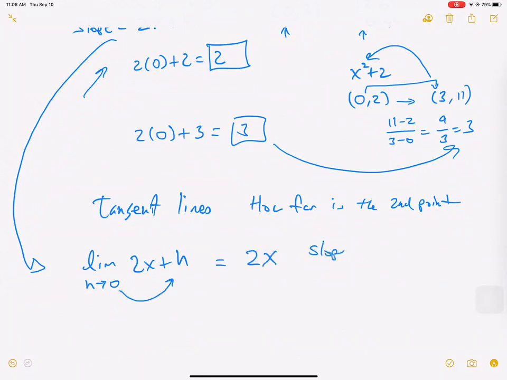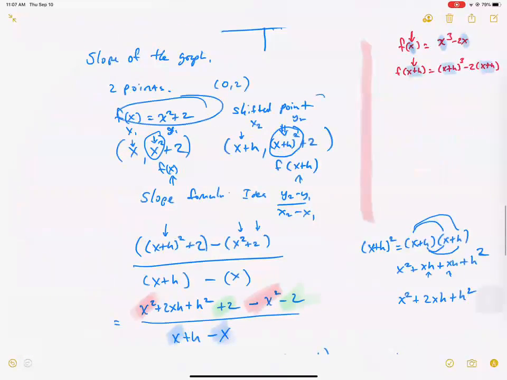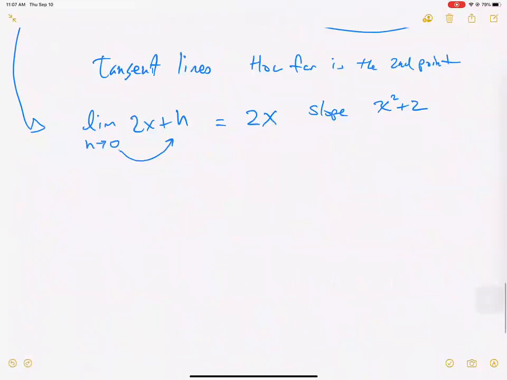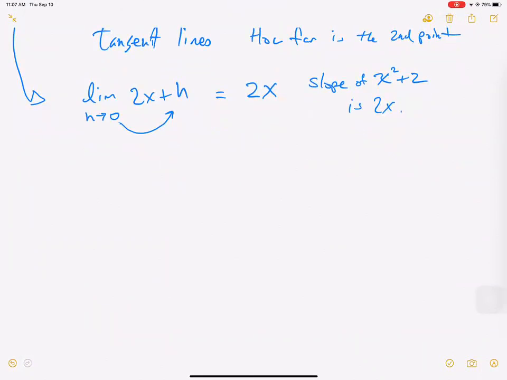The slope equation for x squared plus 2, remember, that's my original graph, is 2x. So that's what we're going to do. We're going to be able to find the tangent line slope using this formula, where instead of taking 2 points that are far away from each other, the points are going to be right on top of each other, 0 distance away.